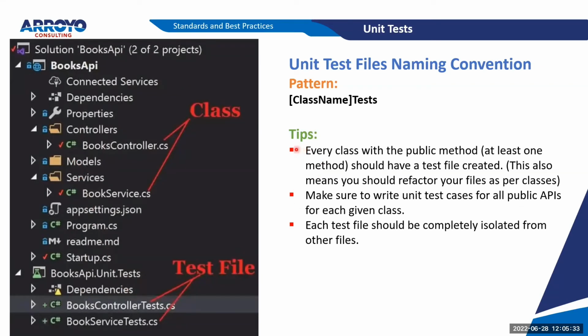So in this case, for example, they say every class with a public method should have a test file created. This also means that you should refactor your files as per classes. That means, please, one class, one file.